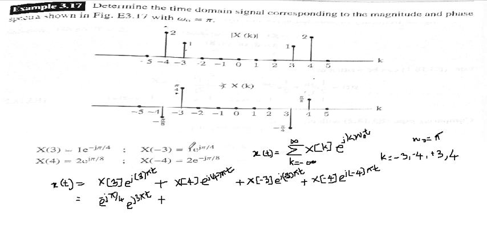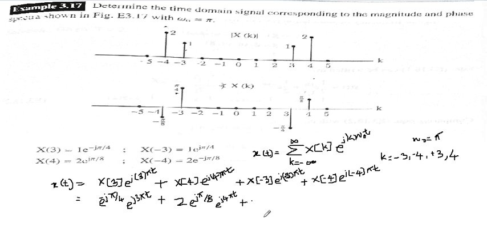So X of 4 is 2 into e raised to j pi by 8. We have written X of 4 as 2 e raised to j pi by 8, and e raised to j 4 pi t as it is.